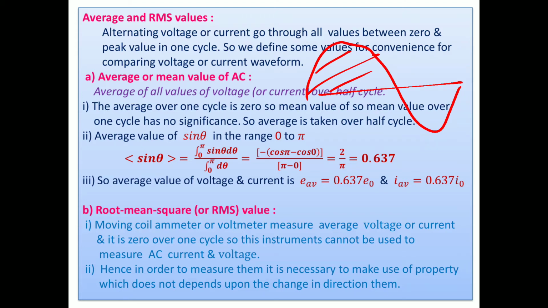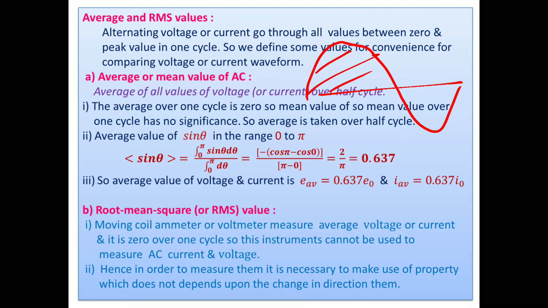Thereafter, integration of sin theta is minus cos theta. Substituting the upper and lower limits, we get minus bracket cos pi minus cos 0, divided by the integration of d theta, which is theta, with limits 0 to pi, meaning pi minus 0.